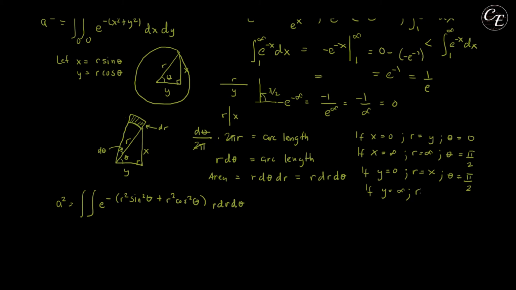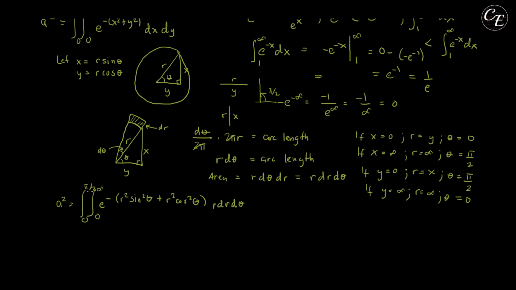So r will be infinity, and angle is 0. So here, r can be from y or x until infinity, but x can be 0 and y can be 0. So r will be from 0 to infinity. Now here, the angle is from 0 to pi over 2. So we'll have here 0 to pi over 2.